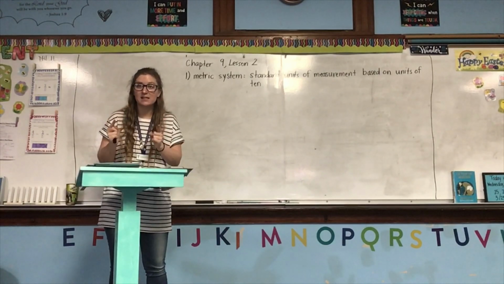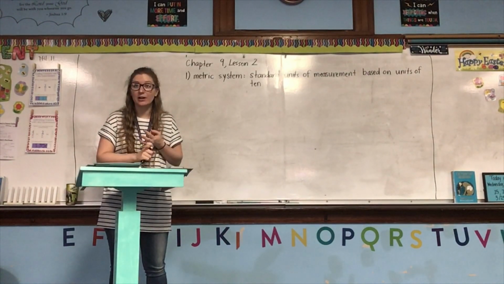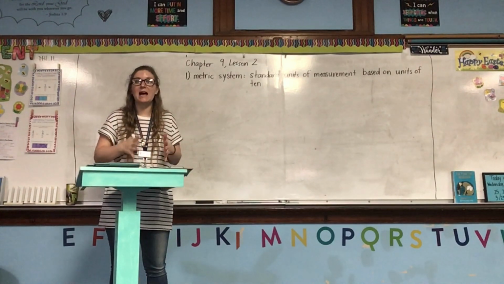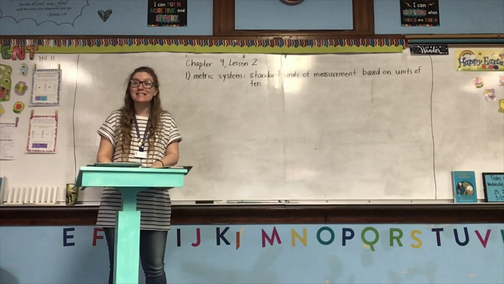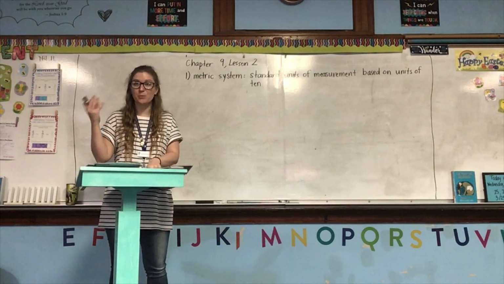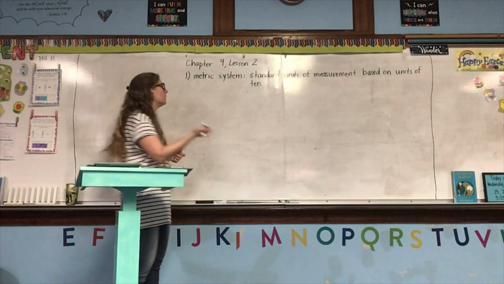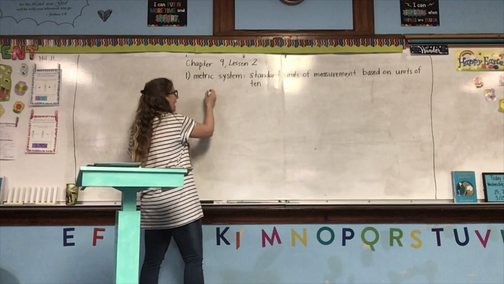So meter is the base word. So those prefixes centi, deci, and kilo tell us how that changed that word meter. So 1 centimeter is 1/100th of a meter, because the prefix centi usually means 100. So we'll put that here.